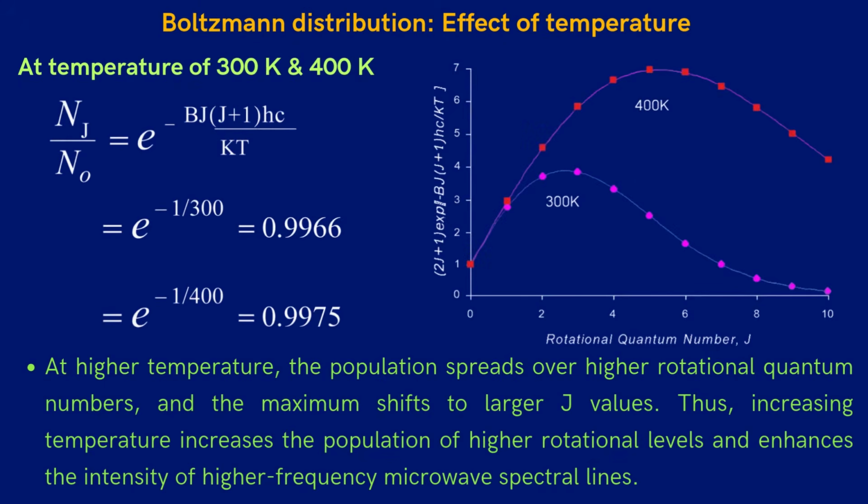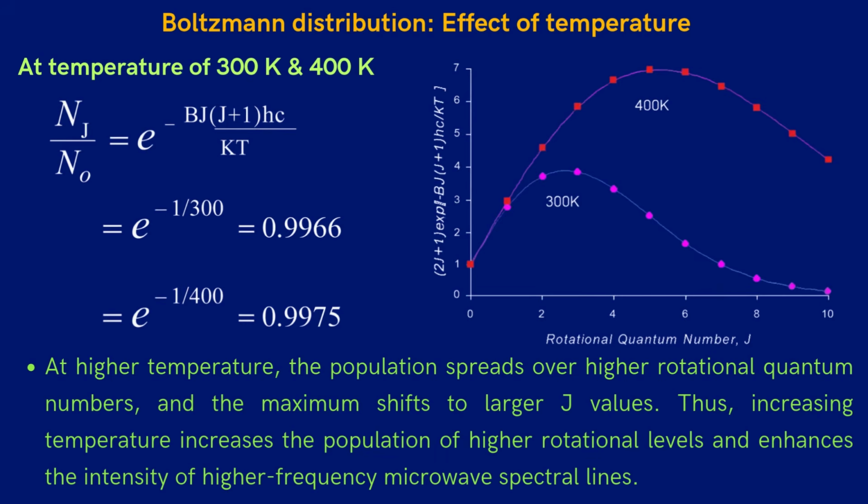This slide explains the effect of temperature on the Boltzmann distribution of rotational energy levels. Consider B, J, h, c, k as constant. At a temperature of 300 Kelvin, the exponential term becomes e to the power minus 1 divided by 300, which is approximately 0.9966. Similarly, when the temperature is increased to 400 Kelvin, the term becomes e to the power minus 1 divided by 400, giving a higher value of about 0.9975.